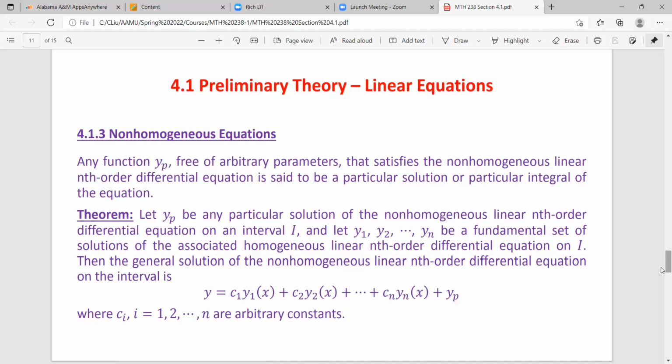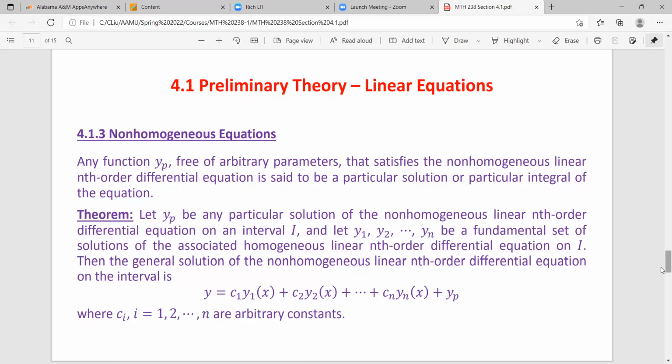All right. So let me just read the theorem again to make sure you know what I'm talking about. Let yp be any particular solution of the non-homogeneous linear nth order differential equation on interval I. Okay, make sure you know what I'm talking about here.